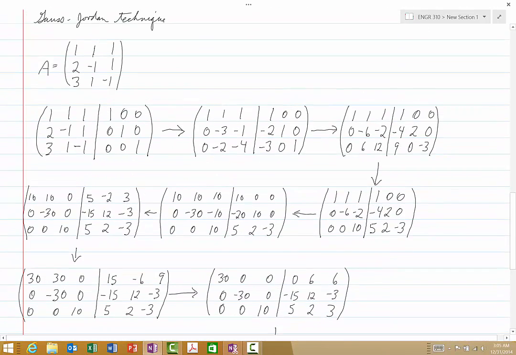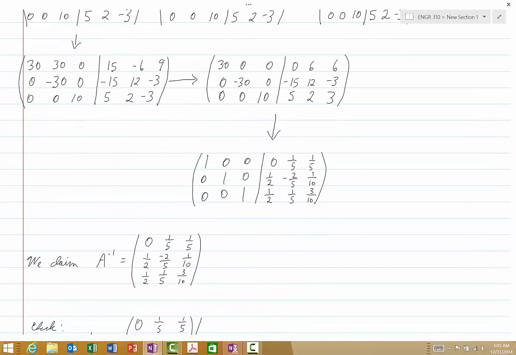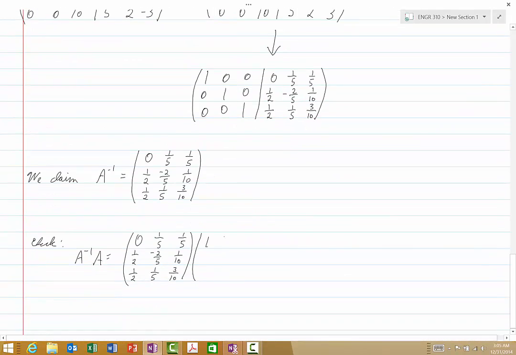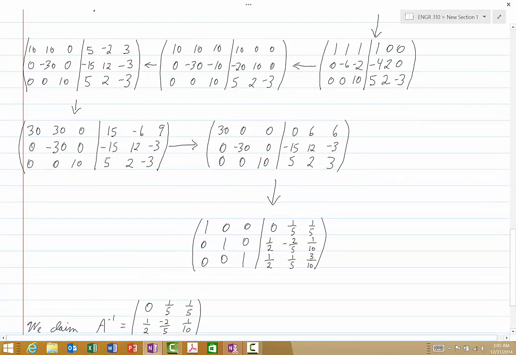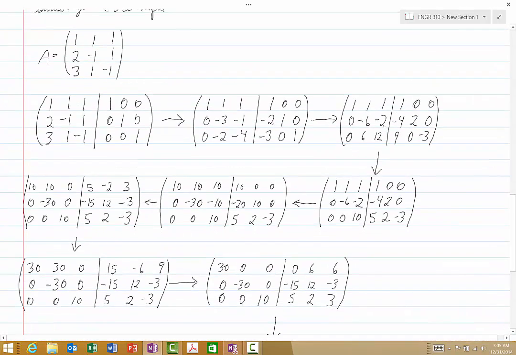And then A is 1, 1, 1, 1, 1, 1, 2, negative 1, 1, and 3, 1, negative 1.